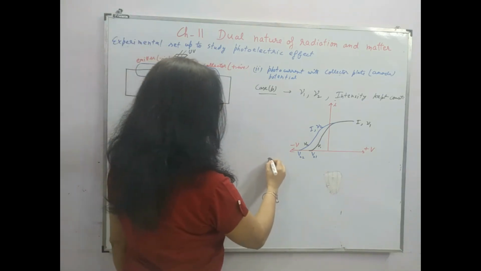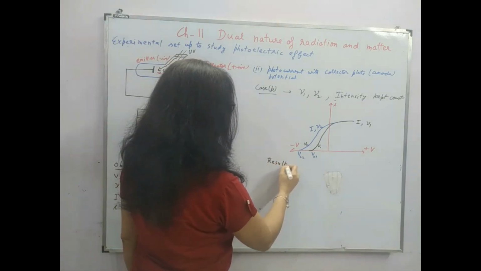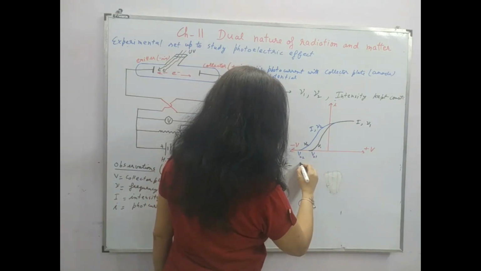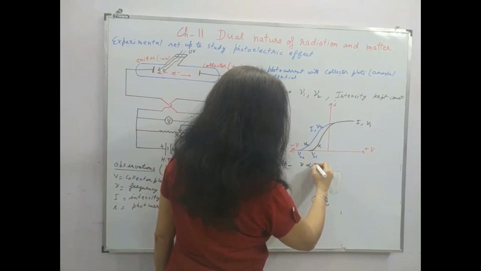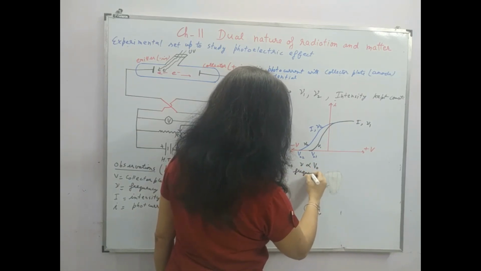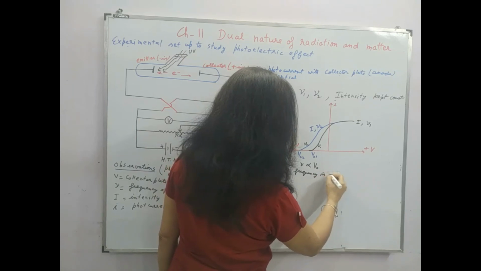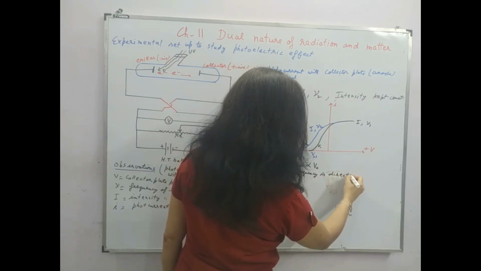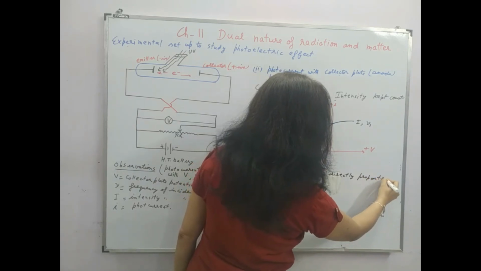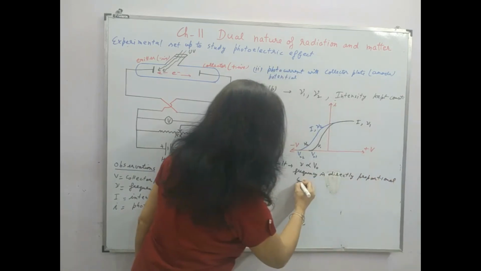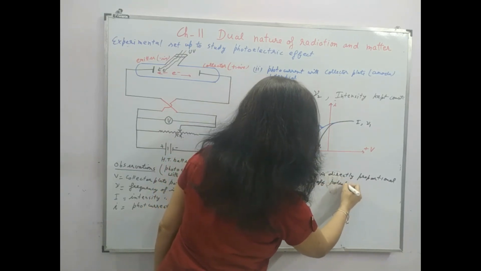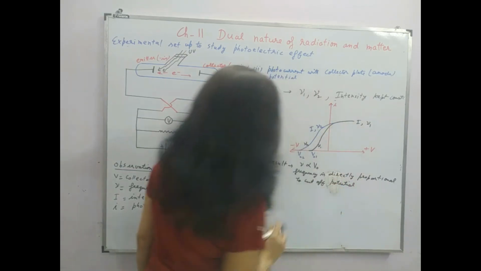So what is the result which can be written from here? That frequency is directly proportional to cutoff potential. Right?